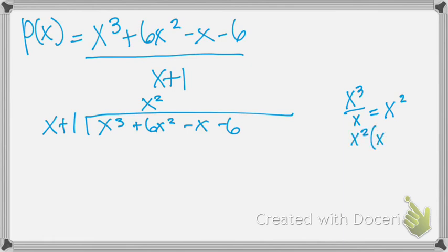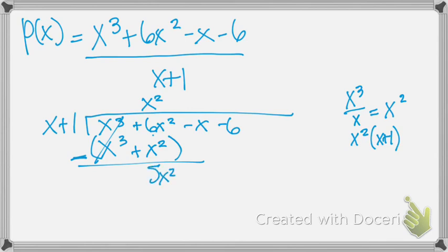X squared, x plus 1, and I get x cubed plus x squared. We subtract. Those cancel, and I have 6 minus 1, which is a 5x squared, and I bring down my negative, not a negative 5, I'm sorry, negative x. We start the process over. 5x squared divided by an x leaves me with a 5x.